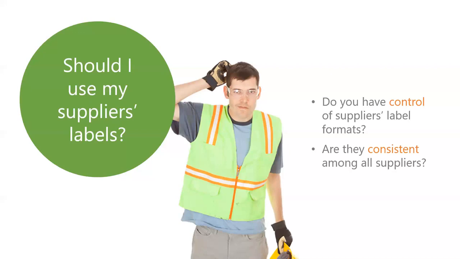Often, in my own opinion, I'm not a big proponent to using supplier labels over printing your own. Some of the scenarios above can lead to issues in creating a consistent and accurate process when you don't have control over your own barcodes and labels in your organization. Using your own labels really saves you a lot more time and money that may be visible at the forefront in training your employees on how to scan or consume those barcodes and labels.